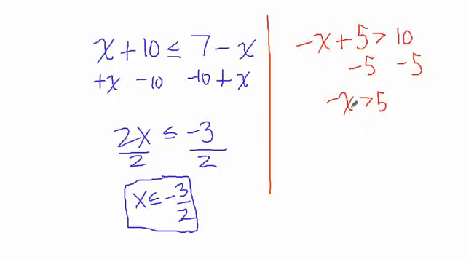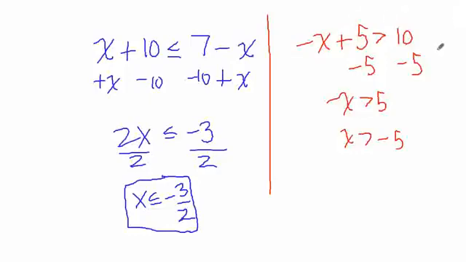Now I multiply both sides by minus 1, so x is greater than minus 5. For example, let's say 0. 0 is bigger than minus 5, right? Plug 0 into the very beginning red equation. You will see that it doesn't satisfy it. Minus 0 plus 5 is not bigger than 10.